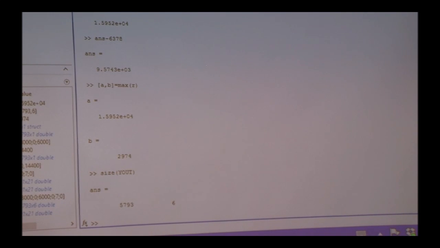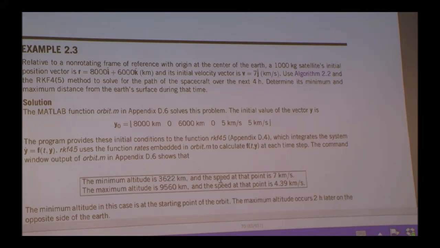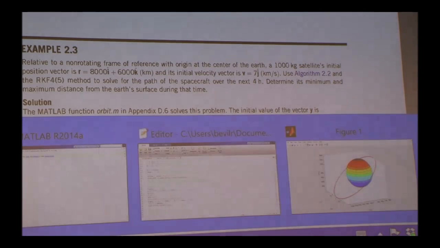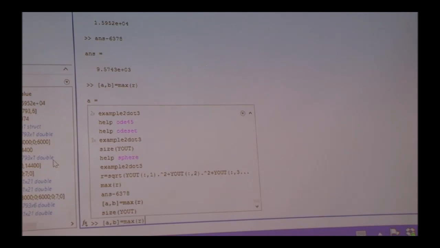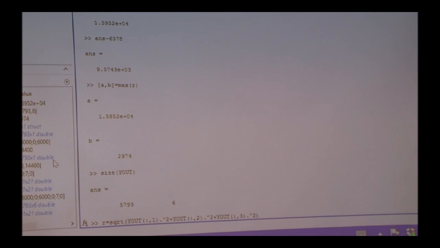And so to respond, for example, to this, which wasn't really asked, but they say the speed at that point is this. Okay. Well, what I will have to do is something similar to what I had before. Okay, let's see. This is going to be now 6, 5, and 4, right? Those are the velocities.